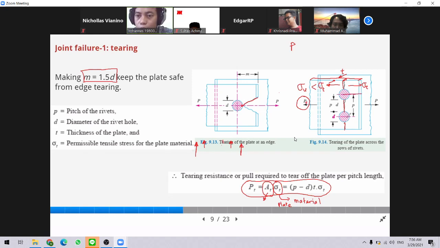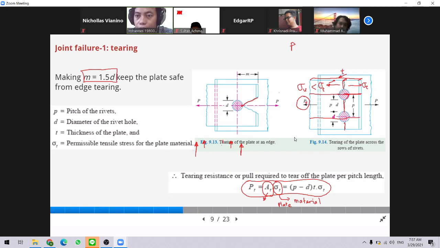So we take the joint in this area only. Then the total length of the plate is as long as this pitch distance. But in this single pitch, not all area is filled by the plate.